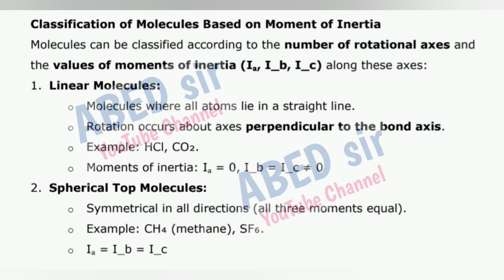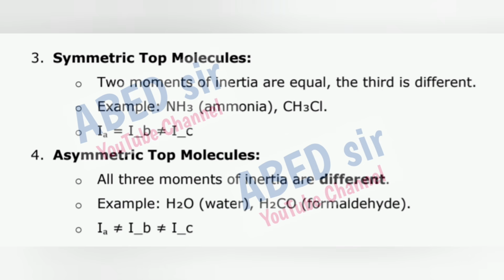2. Spherical top molecules. Symmetrical in all directions, all three moments equal. Example: CH₄ (methane), SF₆. I_A = I_B = I_C. 3. Symmetric top molecules. Two moments of inertia are equal, the third is different.